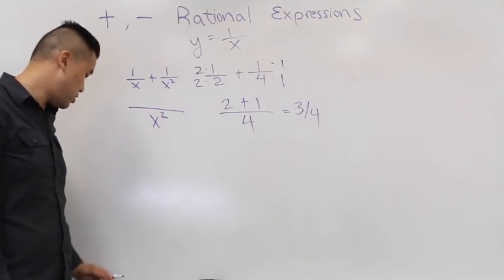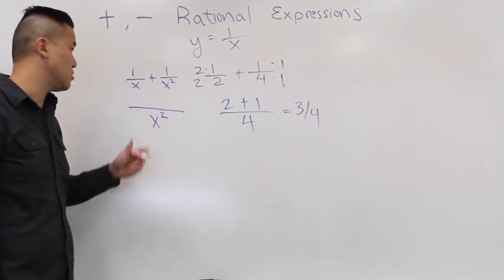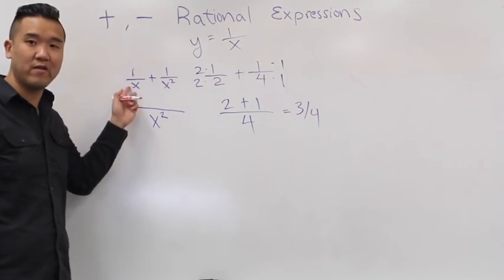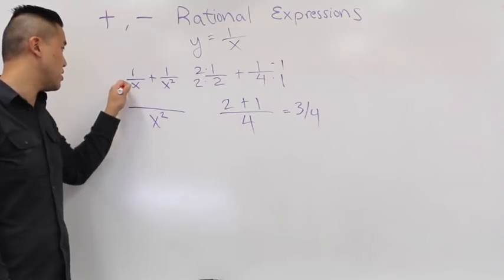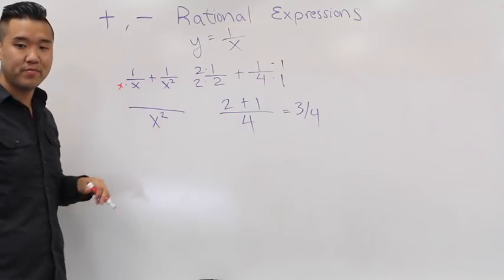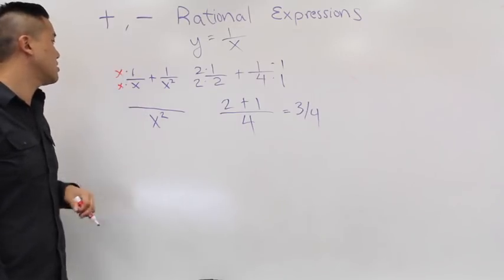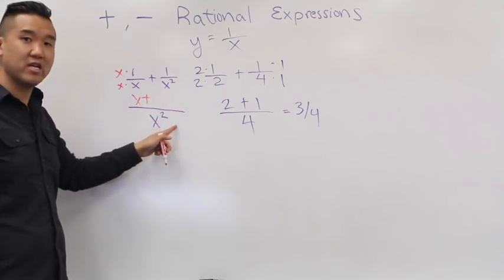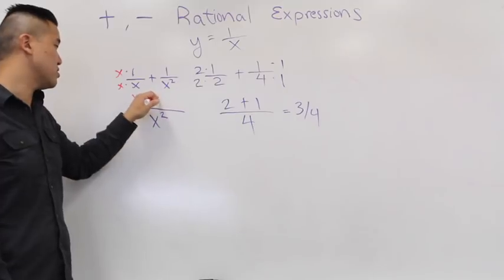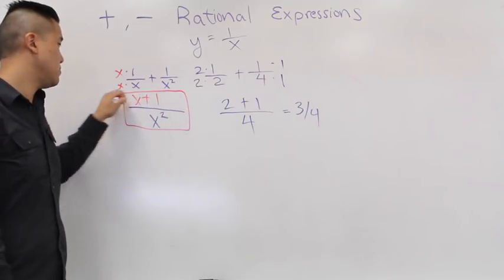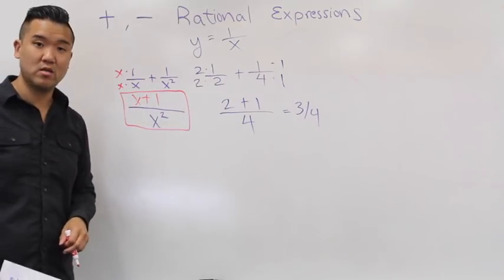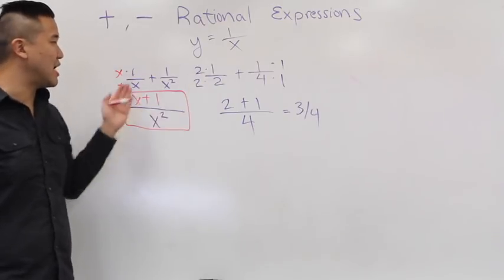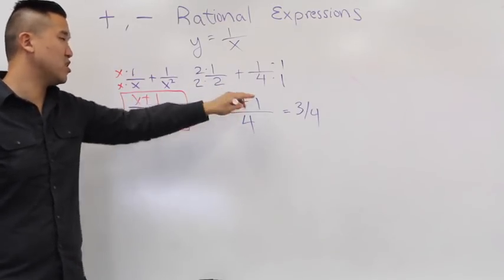What do I have to multiply x by to get x squared? You need another x there. So you multiply the top by x, so you have x there. And then we multiply x squared to get x squared. We don't have to multiply by anything, so we just have plus 1. And that's my answer.